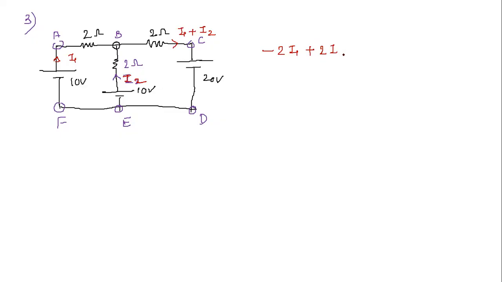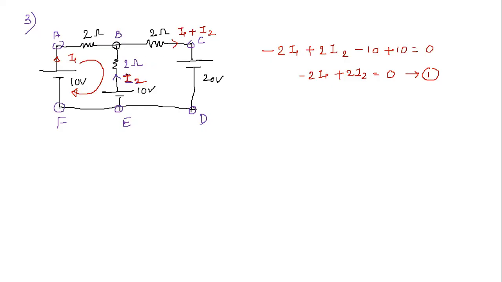Minus 2I1 plus 2I2 minus 10 plus 10 is equal to 0. If I solve this one, minus I1 plus 2I2, I'll be getting equation 1. So which is this path? You must have guessed, right? This one is the path I'm tracing.